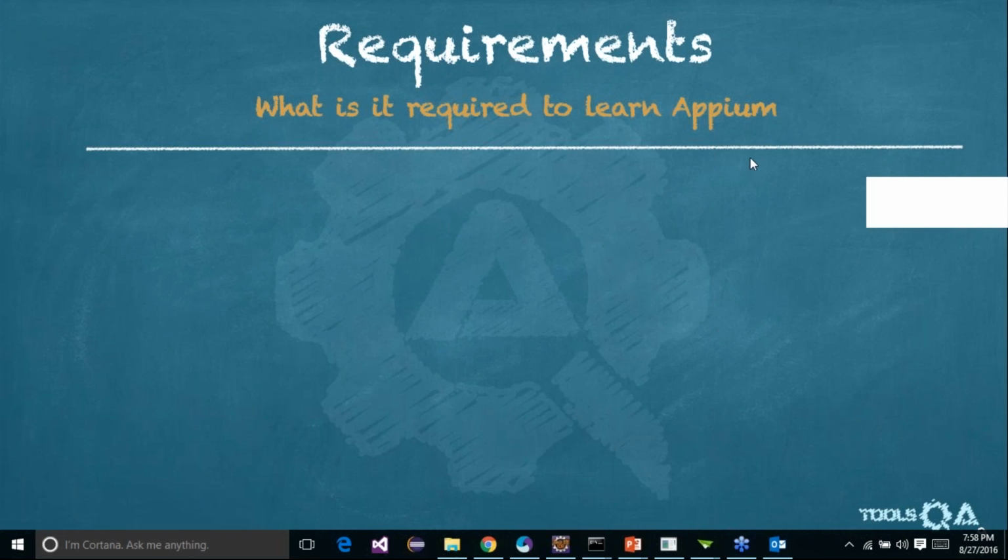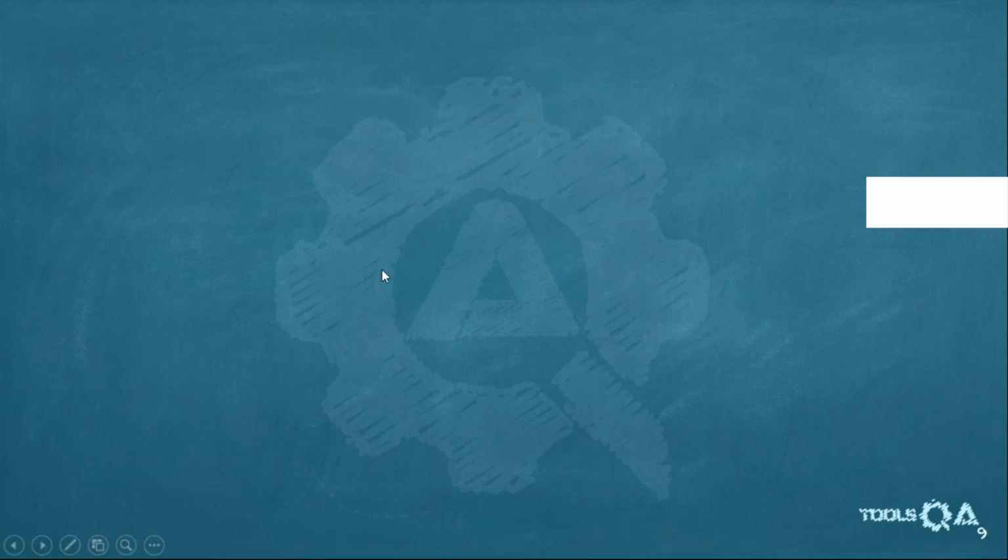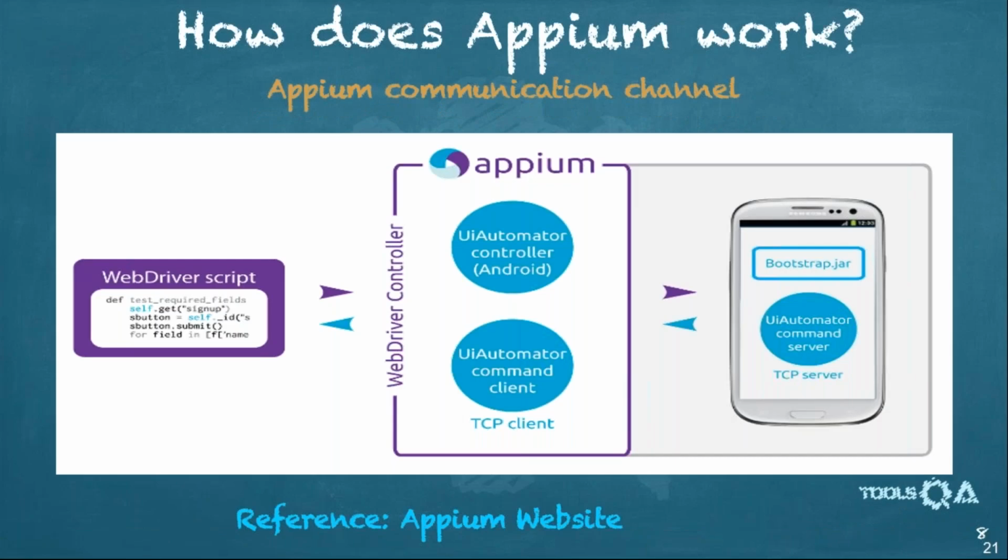Because it wants to use the same JavaScript Object Notation wire protocol, that is the JSON wire protocol, to interact with the device. Like we use Selenium WebDriver to interact with browser components, similarly we are going to use Appium to interact with devices and their apps, Android native, hybrid, or web apps. So it is built on top of Selenium WebDriver. Does it make sense? Are you okay with that answer? Yes, I got it. Thank you so much.